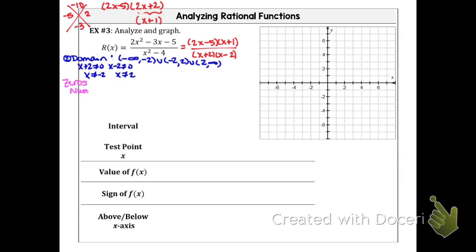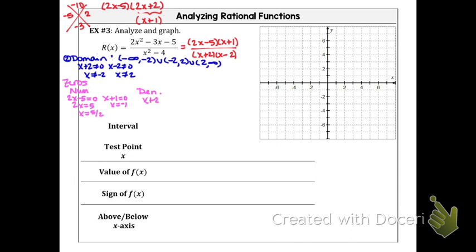So for the numerator, 2x minus 5 equals 0, and x plus 1 equals 0. So we get x is negative 1, and we get 2x is positive 5, which means x is 5 over 2, or 2.5. Okay, do the same thing for the denominator.